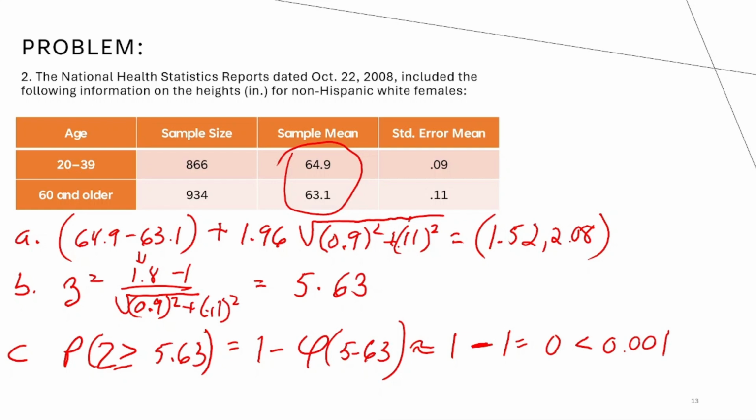So based on that, we can reject the null. Alright, so then we can therefore conclude that the actual difference between the age groups indicates that the 20 through 39-year-olds are more than an inch taller on average than the 60 and older white females.